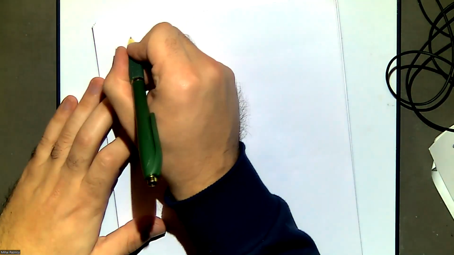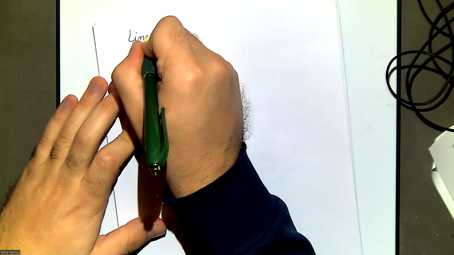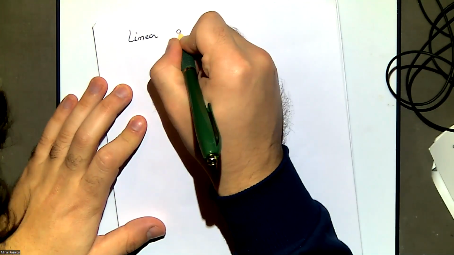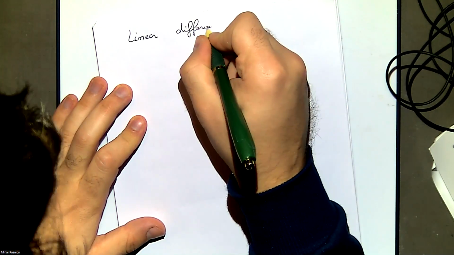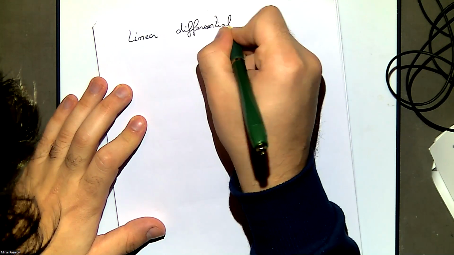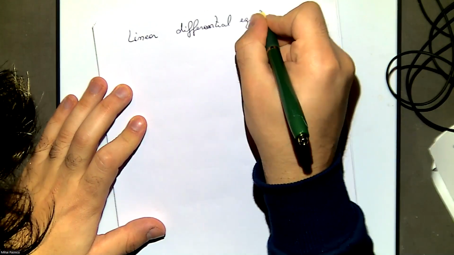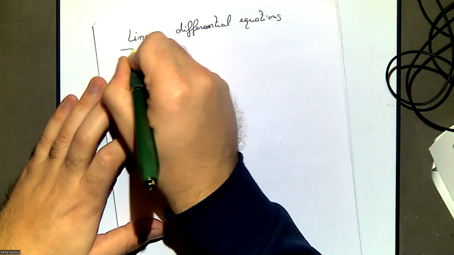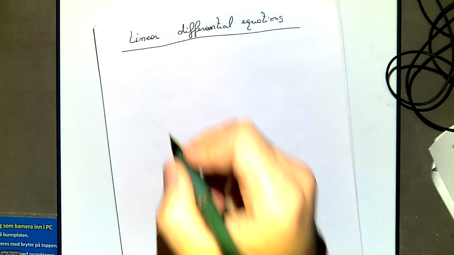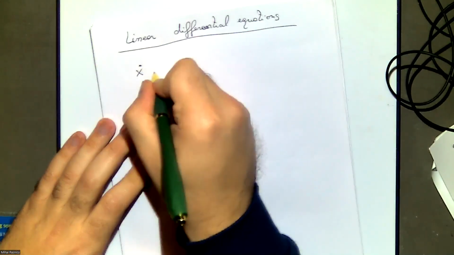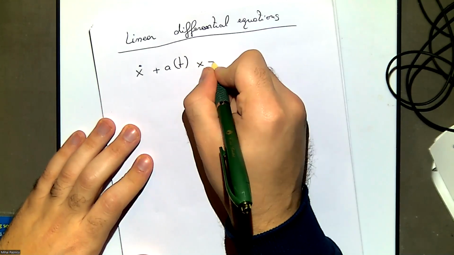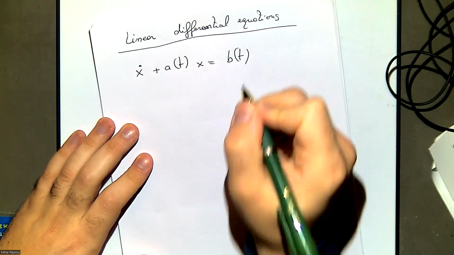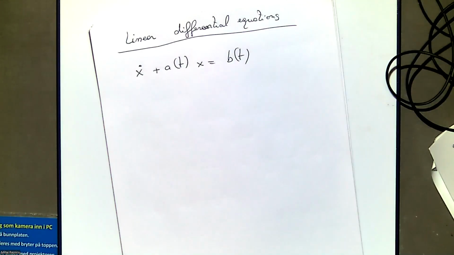So let's look at the linear differential equation. Just so we're writing it, the first part, which is always the most important, is identifying what your a of t and b of t are.